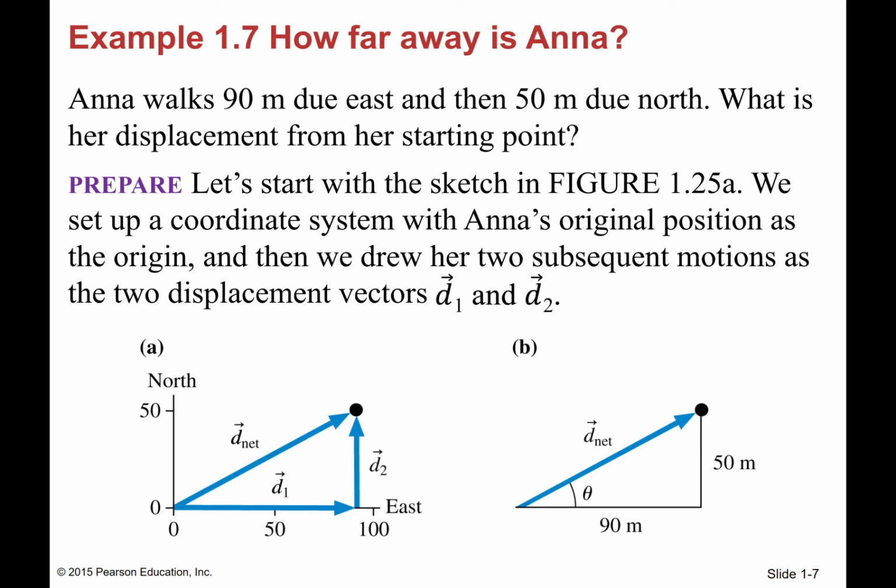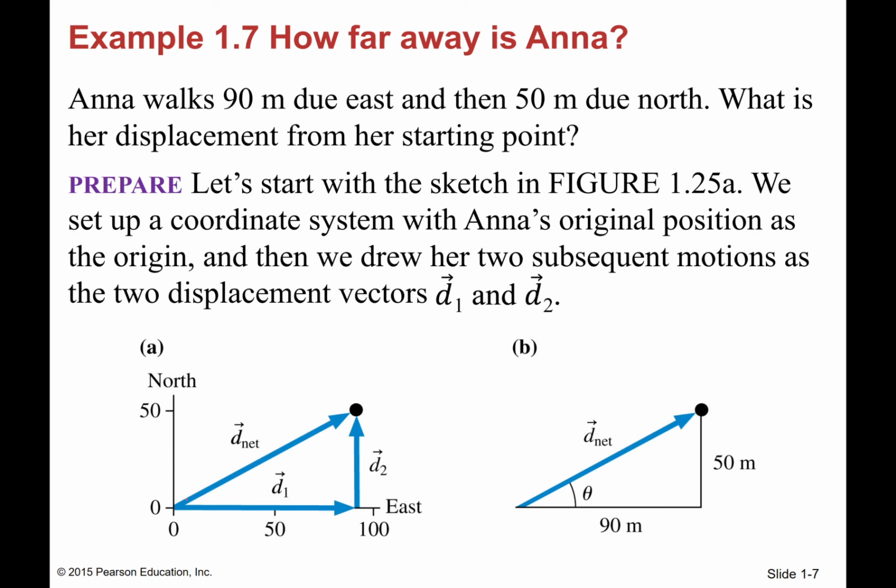We are told that she walks 90 meters, which is about here, 90 meters east. And then after that, she walks about 50 meters north, from the point where she was up to here. So you see, this is a natural addition of vectors. You take the tail of D2 and make it coincide with the tip of D1, and then you get your construction for vector addition.